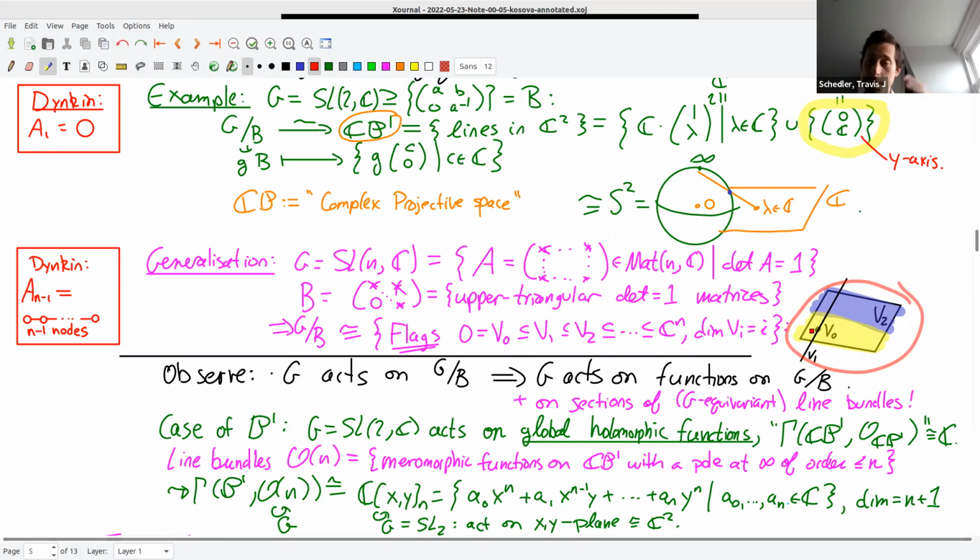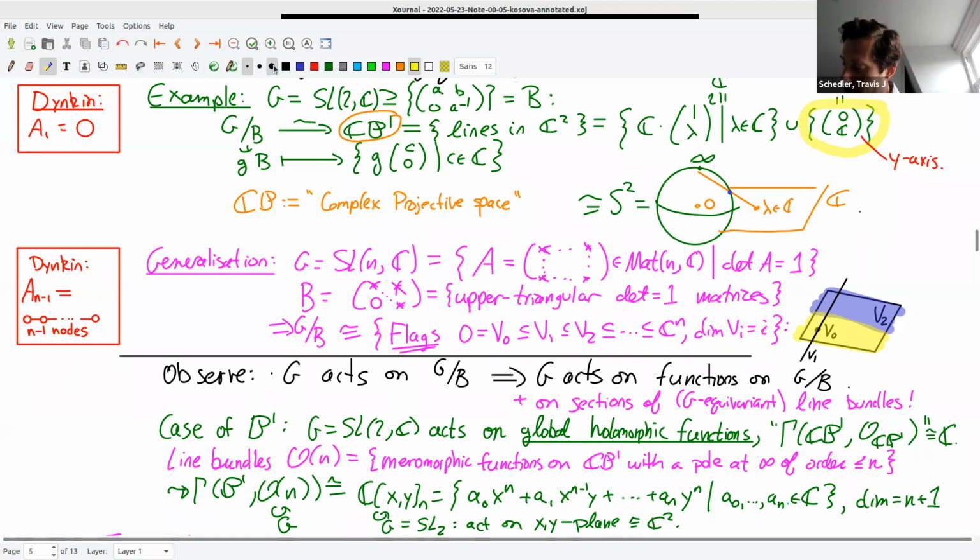Well, it's not really a flag, because you have a point inside a line inside of a plane, but a schematic way to draw it would be a flag. So it's called a flag variety. There's our flag. And this corresponds to A_{n-1}, that's the line segment with n minus 1 nodes.